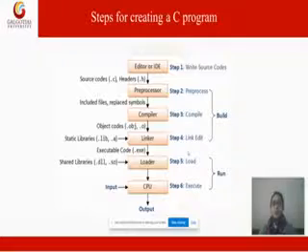So you open any editor or any IDE. It could be an online editor or it could be a notepad file, and you write your source code and save it as .c. In the pre-processing stage, your preprocessor directives are handled, that is, all the header files that would be needed are included. And then the compilation starts.